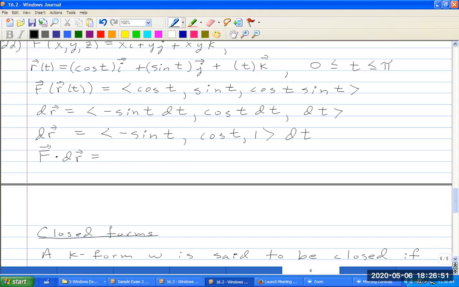Minus sine times cosine is the minus cosine t sine t, all times dt at the end, plus sine t times cosine t, plus cosine t sine t times 1.